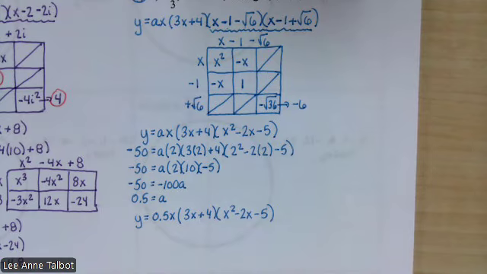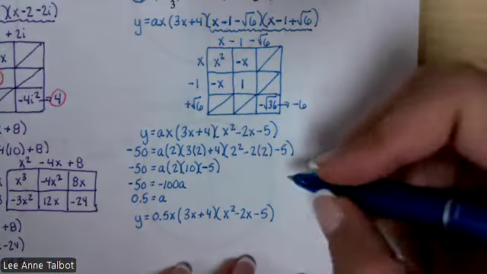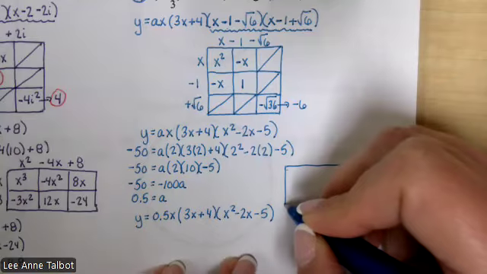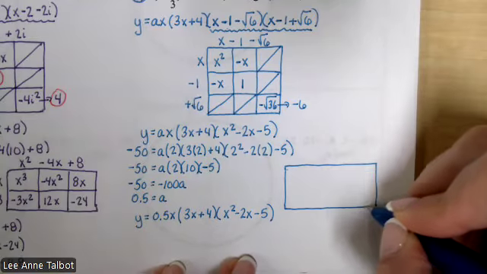Okay, what do I do now? So 3 by 2 box, you're saying?